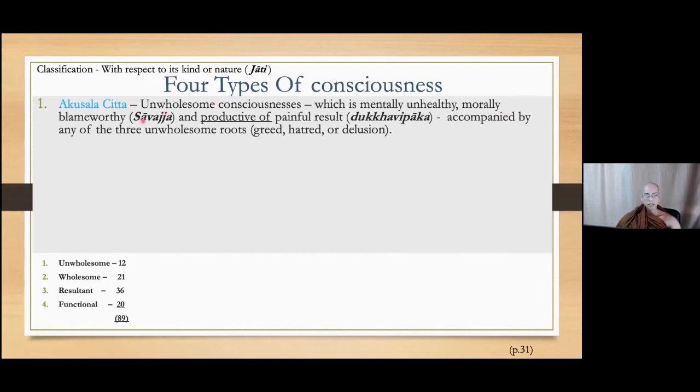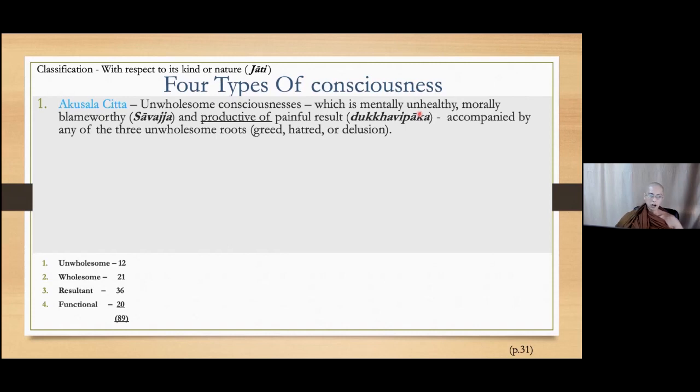This is the first part of the characteristic of unwholesomeness. Whenever unwholesome consciousness arises, we can recognize it has the nature of being mentally unhealthy, and from the moral perspective, it is blameworthy. That is the characteristic of akusala, unwholesome.